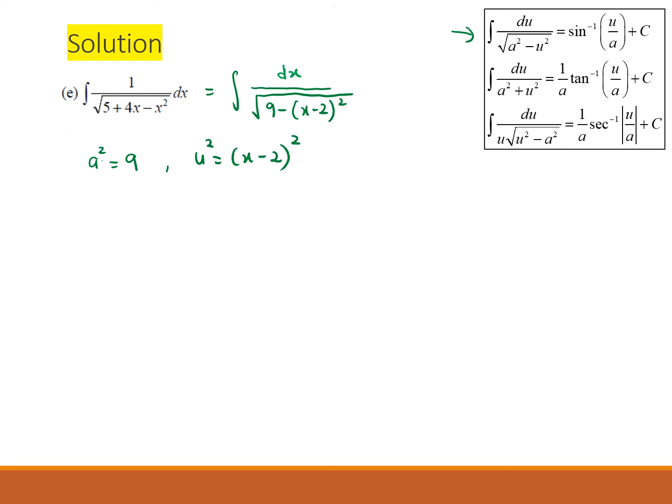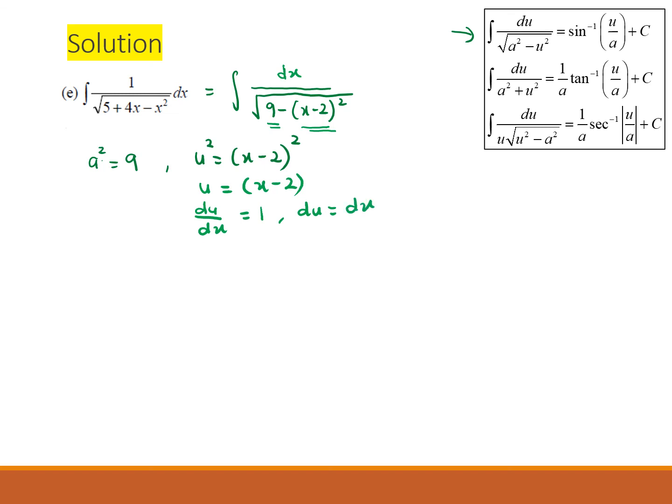Now we have a squared equal to 9 and u squared equal to x minus 2 squared. So from here, u is equal to x minus 2. Then from here, we can find du over dx, where du is equal to 1, and we get du is equal to dx.